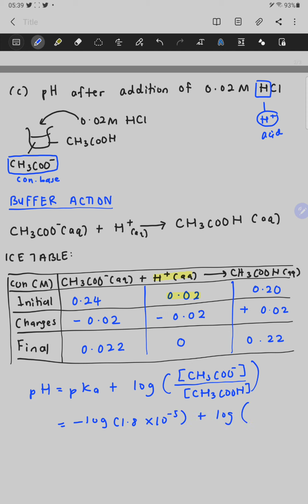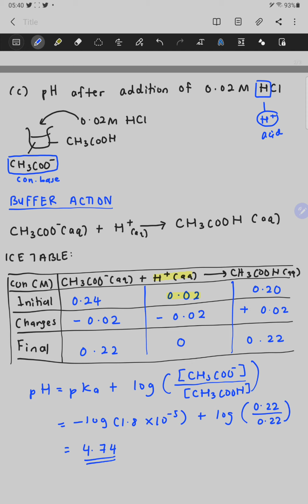Okay, so the new concentration, the final concentration for weak acid adalah, oh sorry, this is not 0.022, this is 0.22 sahaja. Okay, plus log 0.22 divide with 0.22. Okay, so log ini dah jadi log 1, so log 1 we know which is 0.